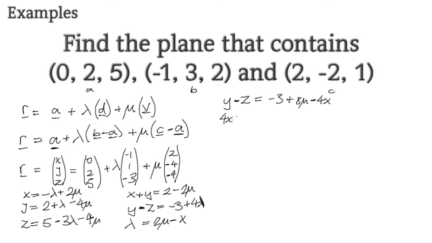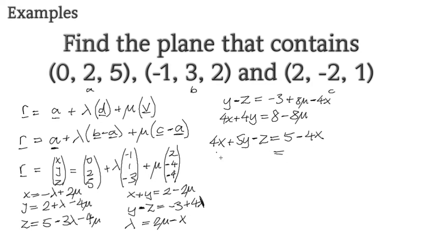4x plus 4y is equal to 8 take 8 mu. Now we can add these two together to yield the final equation. 4x plus 5y take z equals 5 take 4x.